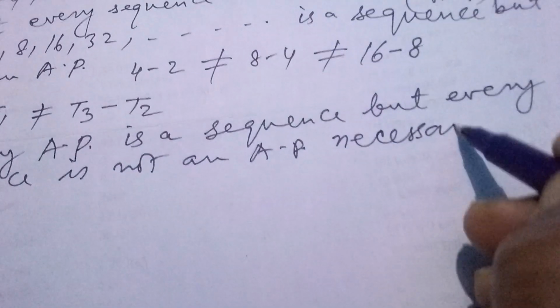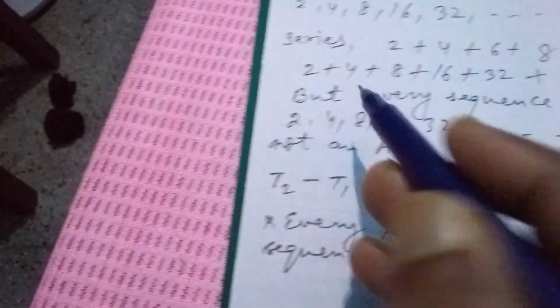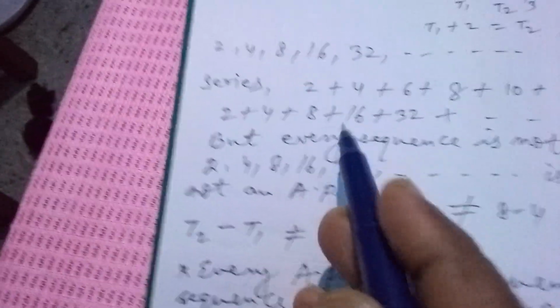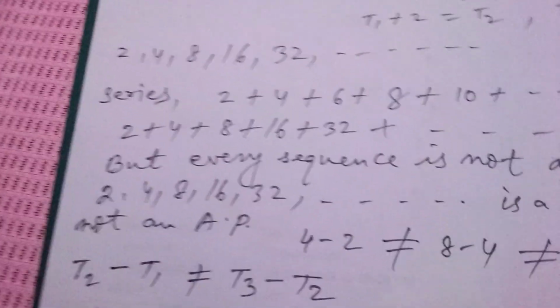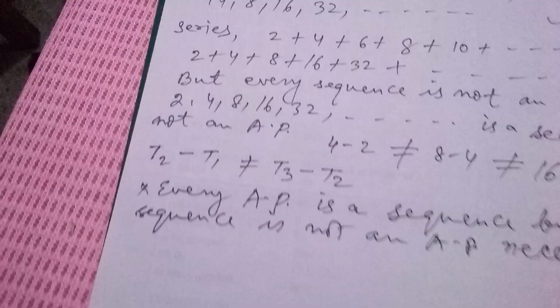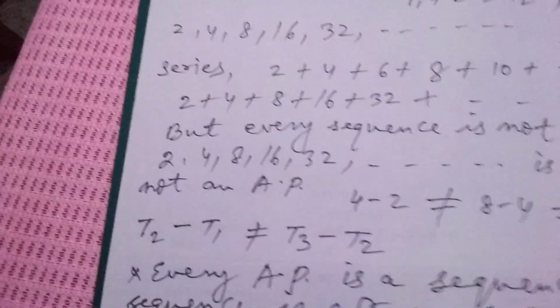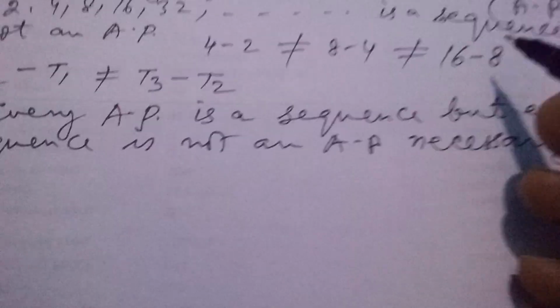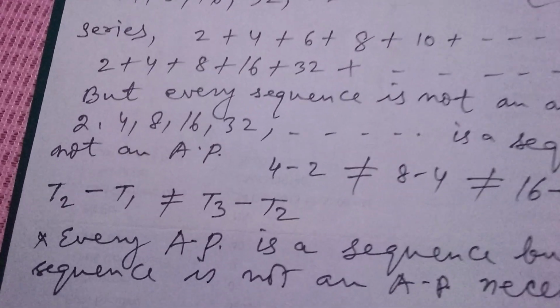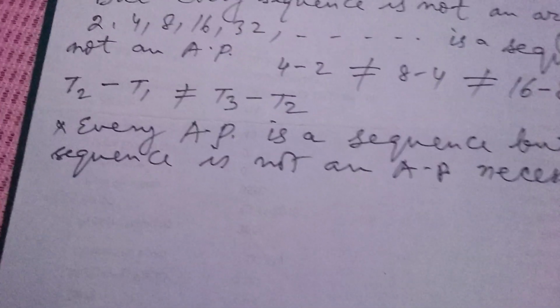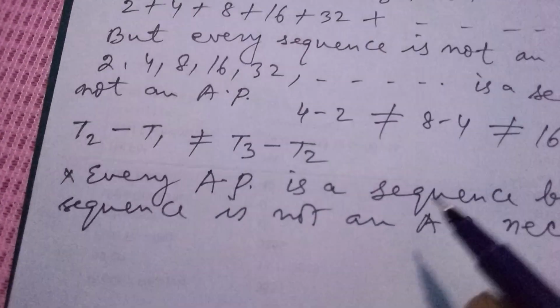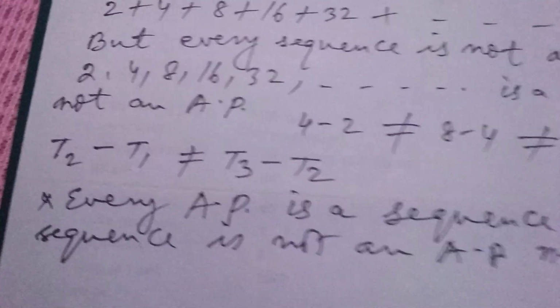And when those terms are written in addition form, it forms a series. If it is following a fixed rule, then it is an arithmetic series. If it is not following a definite rule, then it is not an arithmetic series.